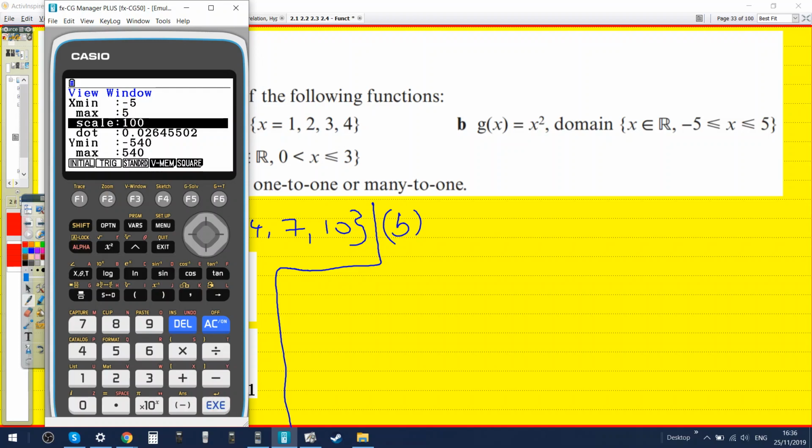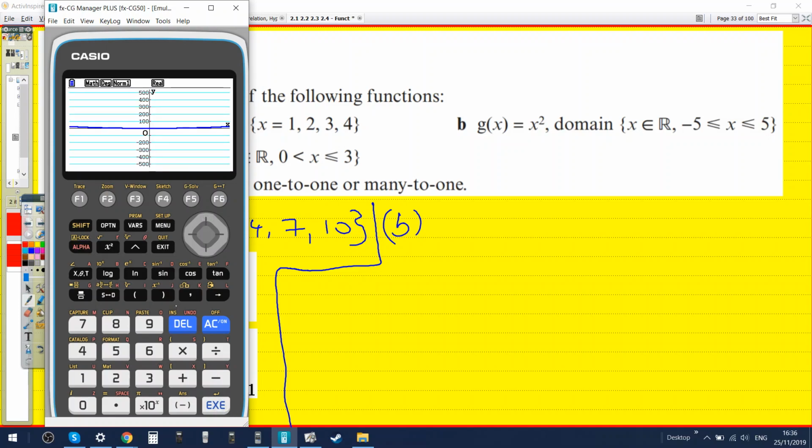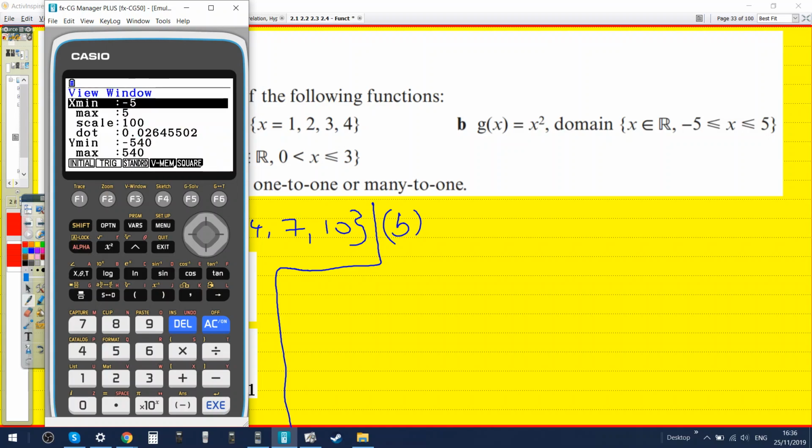Is it just 1, 4, 9, 16, and 25? Because all the minus x's will turn positive. Okay, and so say them again, sorry. 1, 4, 9, 16, and 25. Okay, so I'll just put this as 1, and then this one as 25, and just see.